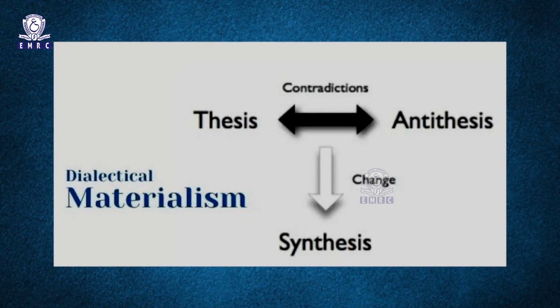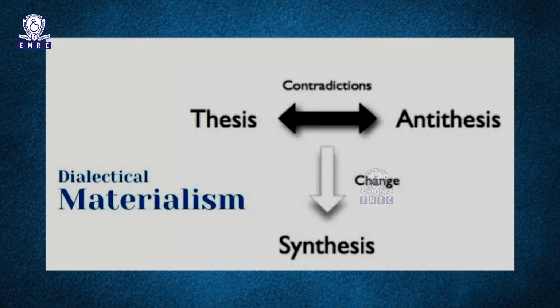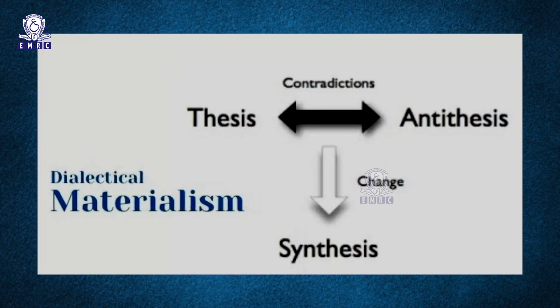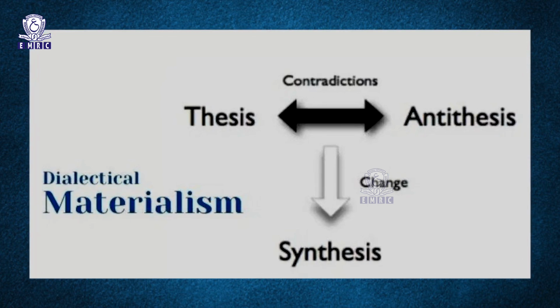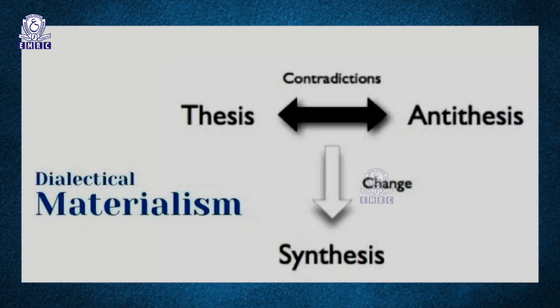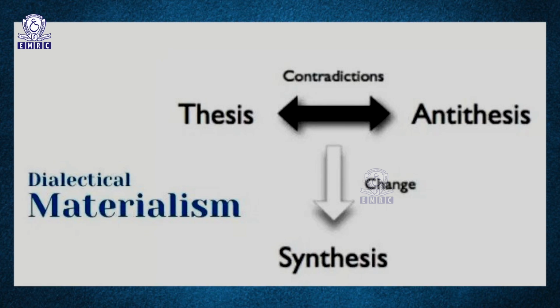The thesis was soon confronted and eventually defeated by an antithesis or opposite. This contest finally resulted in the production of a synthesis which incorporated the more valuable elements of both thesis and antithesis.